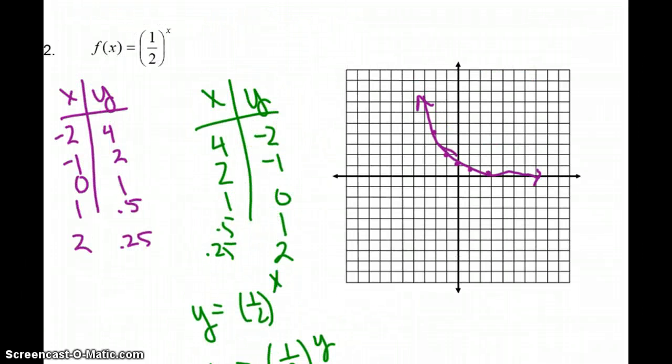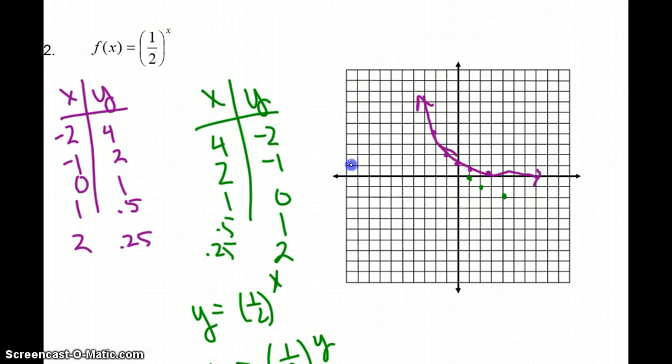And there are the points for it. So for this one, it's going to be 4, -2, 2, -1, 1, 0.